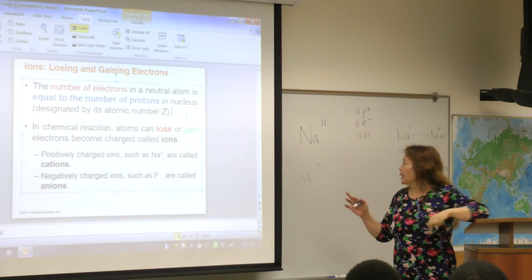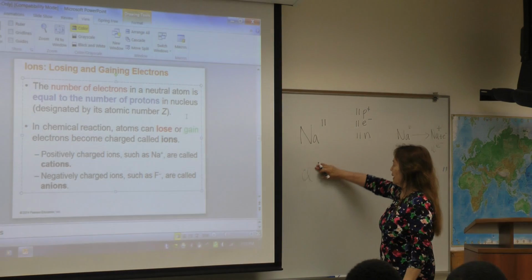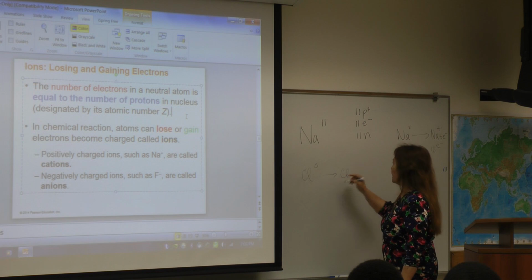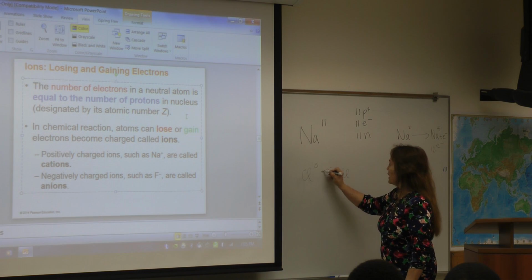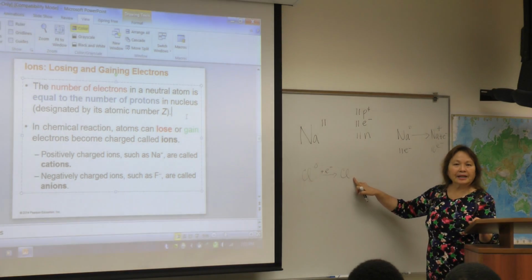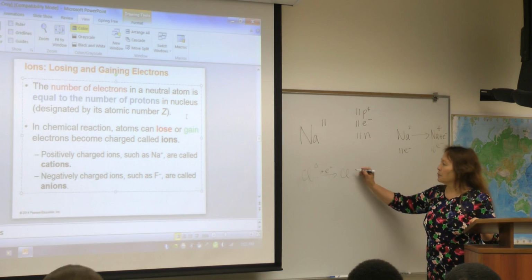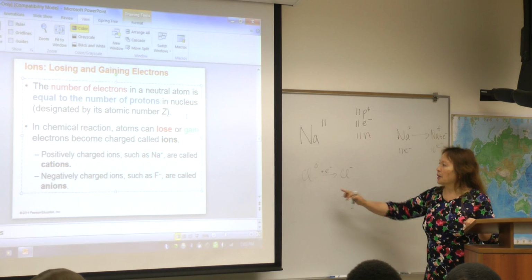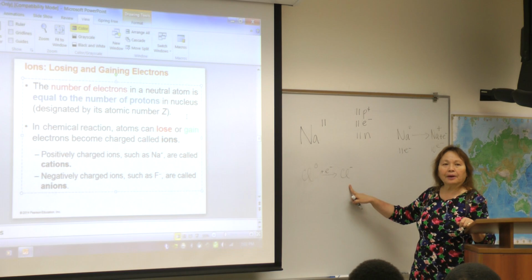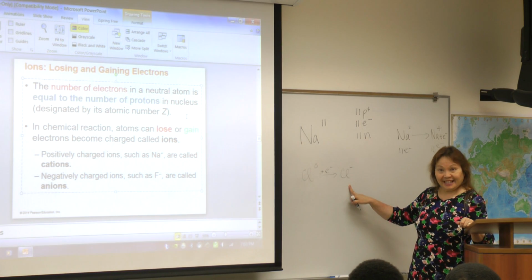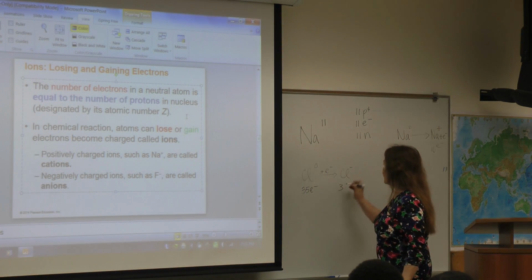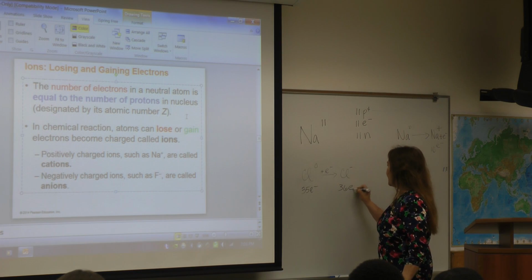If we want chlorine to gain the electron that sodium lost, what happens to the charge? How will we write chlorine? It will be Cl minus. So if there were 35 electrons, then it gains an electron, so 36 electrons.